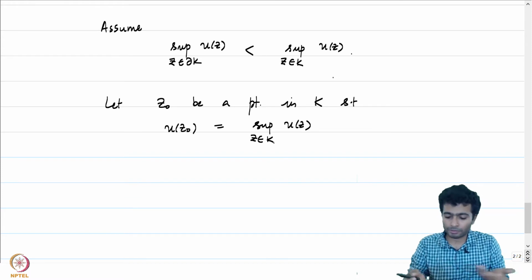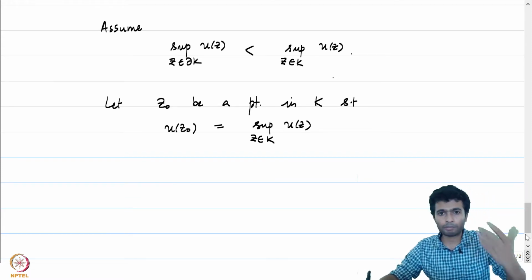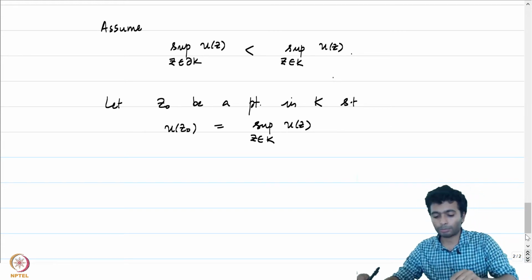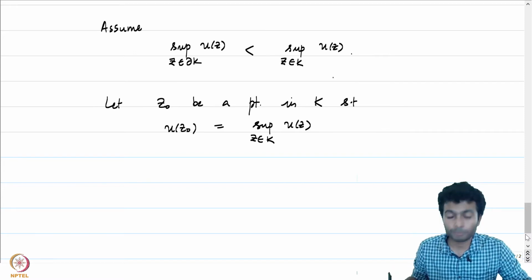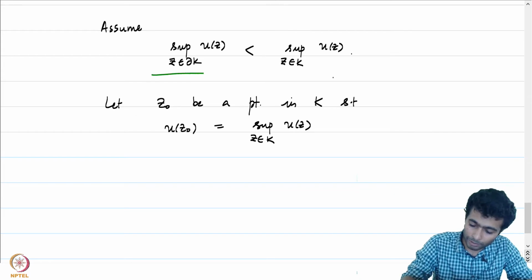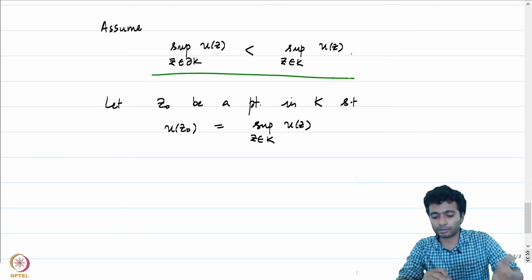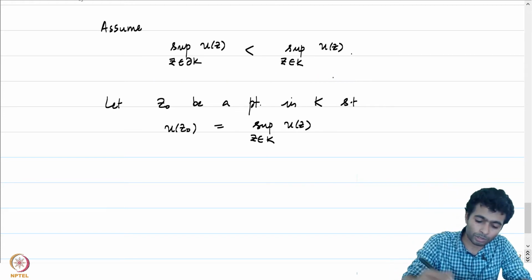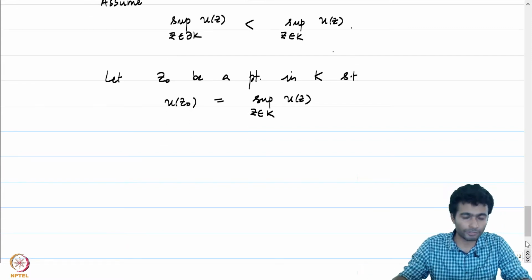This is from a standard result in analysis: on a compact set, a continuous function attains its maximum. So the point z0 is being taken to be one of those points where the supremum is being attained. And we just noted above that the supremum over the entire set k is strictly greater than the supremum on the boundary, and therefore z0 is an interior point of k.